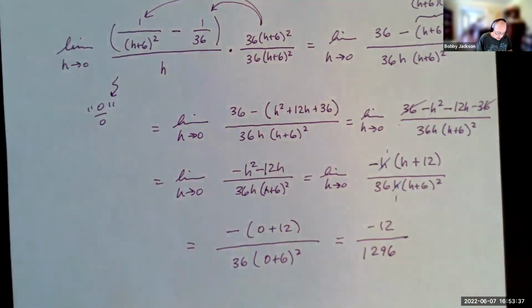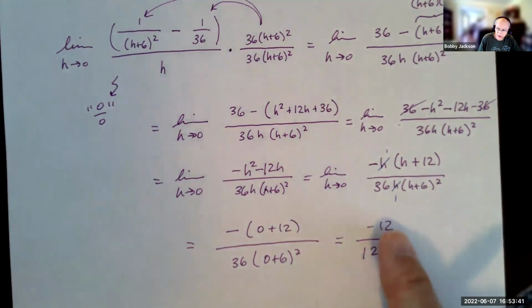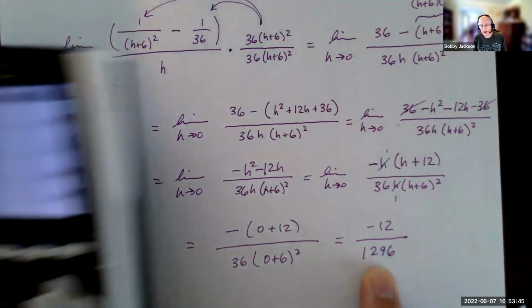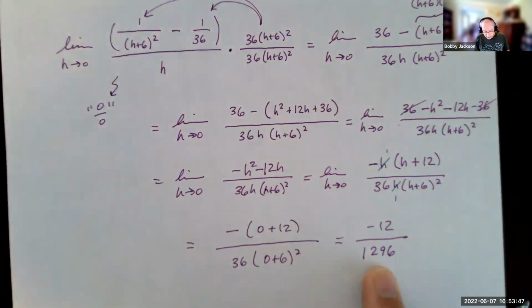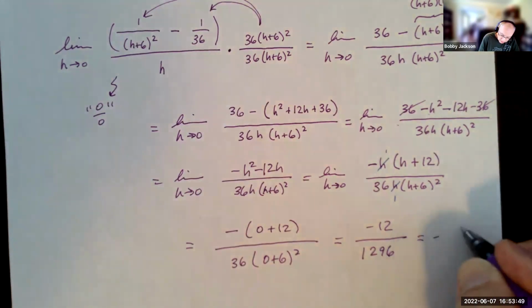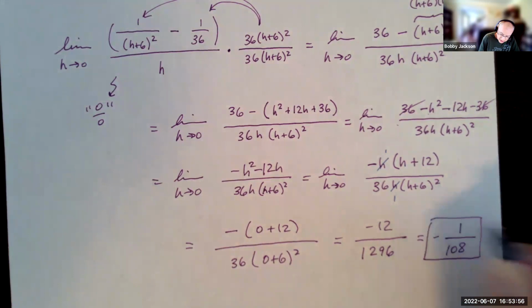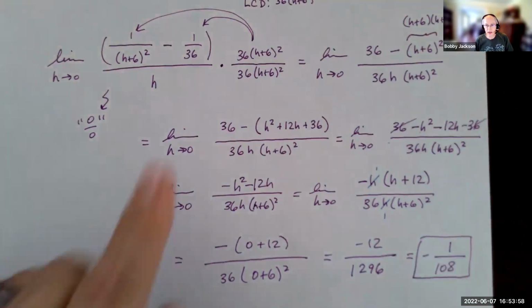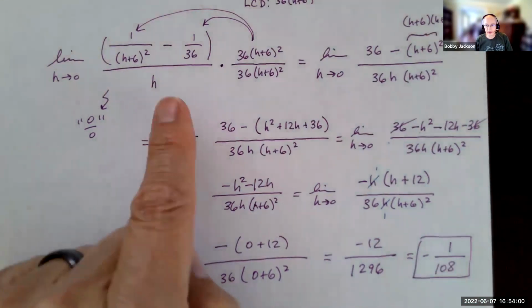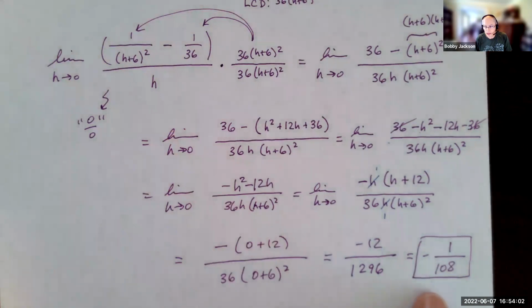Yeah, that is indeed divisible by 12. So if I divide both the numerator and denominator by 12, 1296 divided by 12 is 108. And so we get negative 1 divided by 108. And you do want to give the exact value. If you're numerically checking this limit, that's a good idea, but you want to give the exact value of the limit.